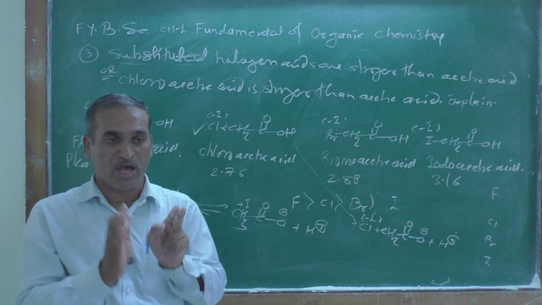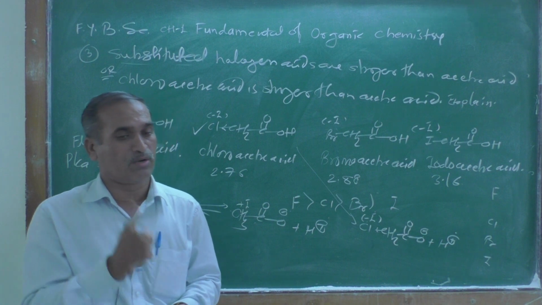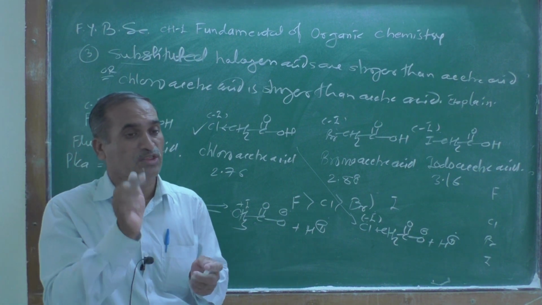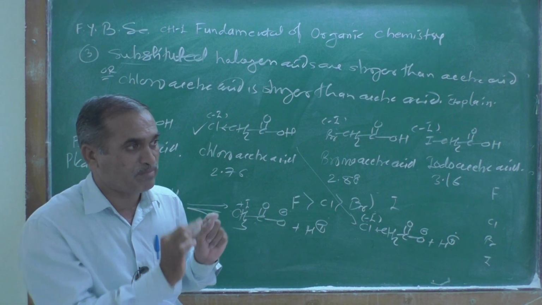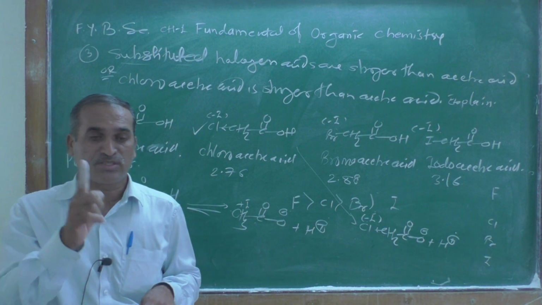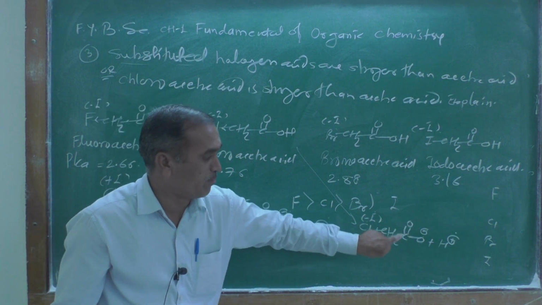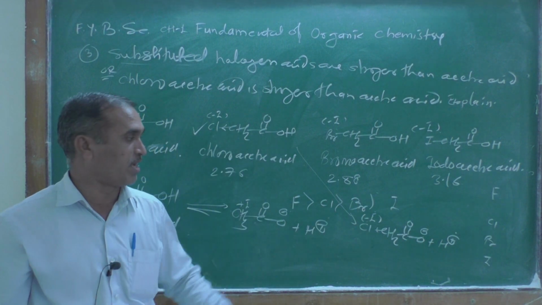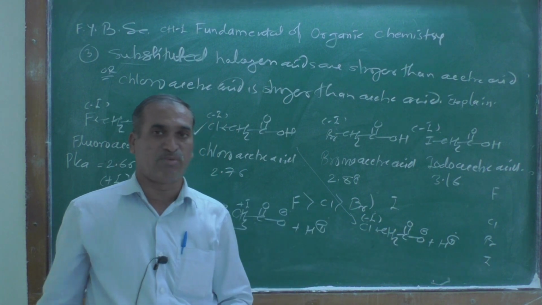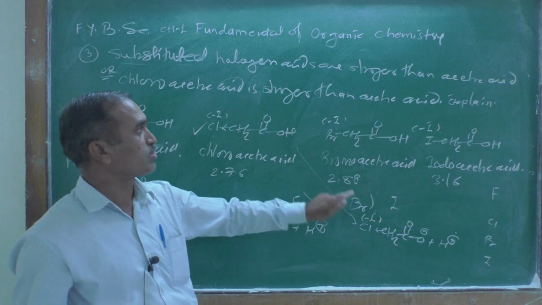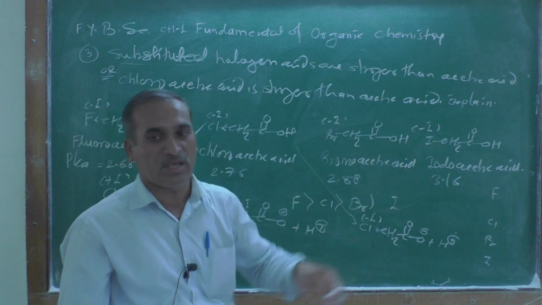Yesterday we saw what affects the strength of acidity. The first one is the strength of the H-A bond, and the second one is the stability of the conjugate base. This conjugate base is well stabilized due to the minus I inductive effect, and therefore chloroacetic acid is stronger than acetic acid.